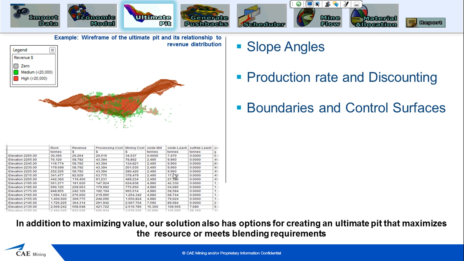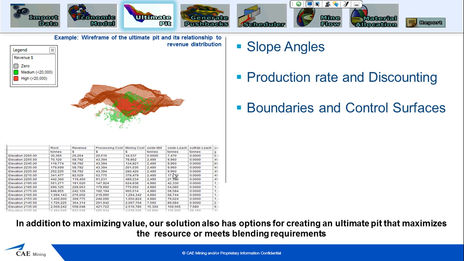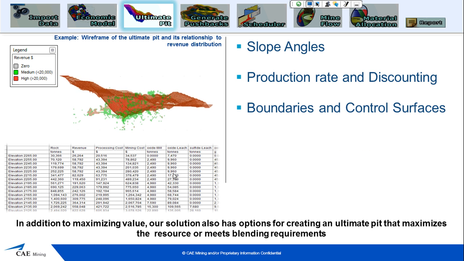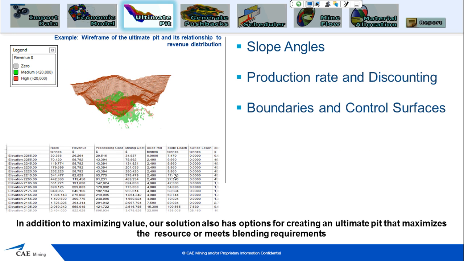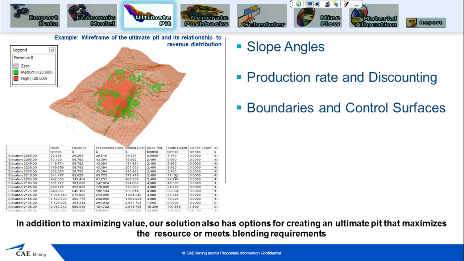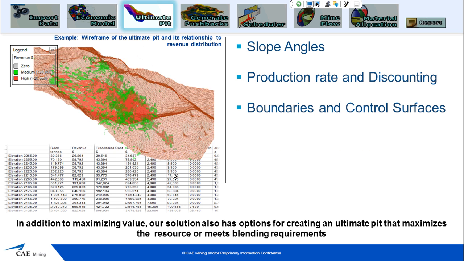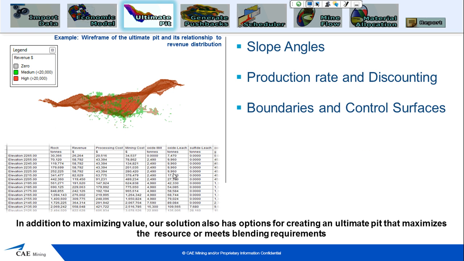At that point, we're also able to set up what period our discounting is based on, normally a 365-day year. We are also able to set up our boundaries and control surfaces, such as those capital costs or obstacles.